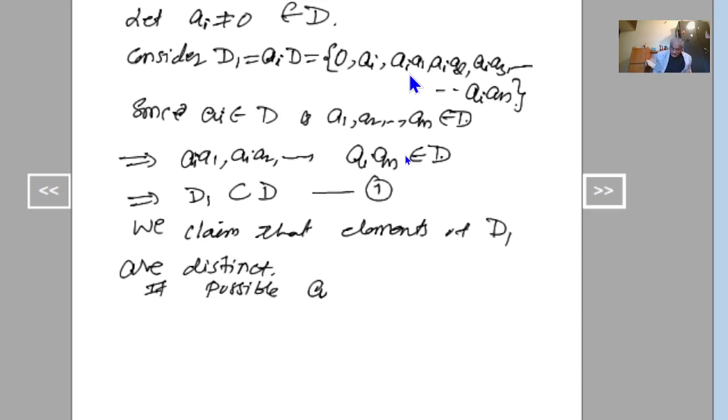Say AI into AJ is equal to AI into AK for J not equal to K. What does this imply?